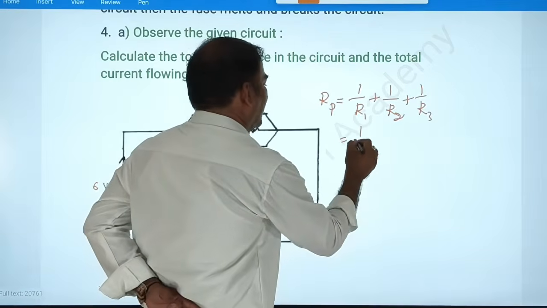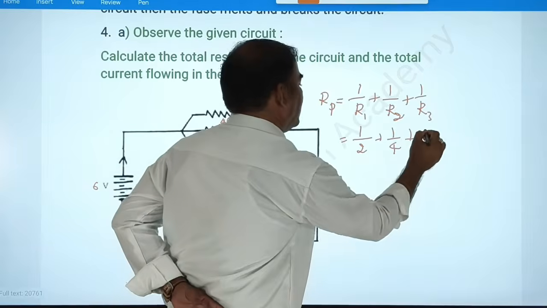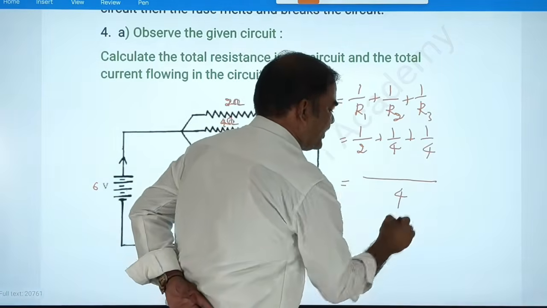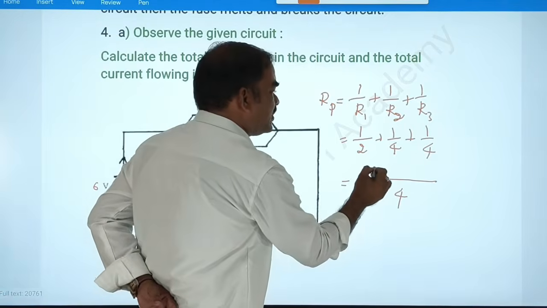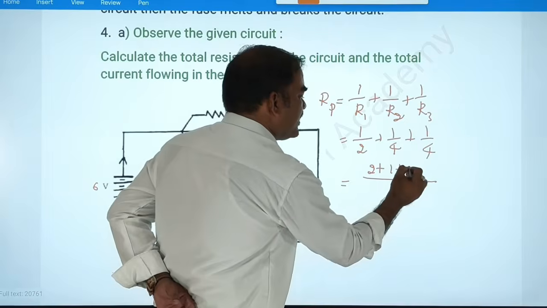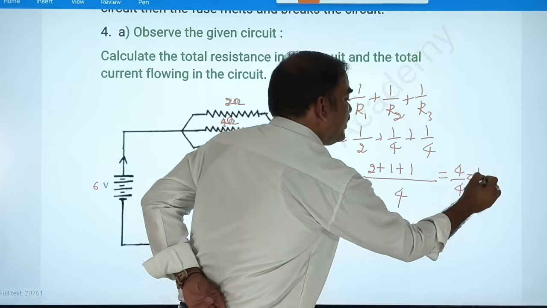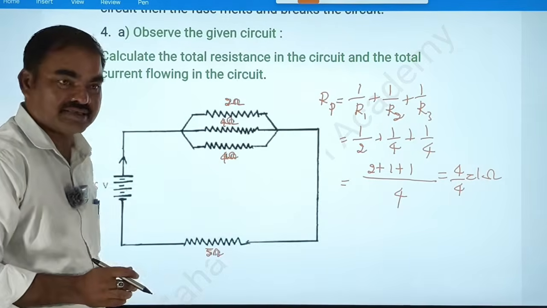So we get 1 by 2 plus 1 by 4 plus 1 by 4. Here the LCM is 4. So it is multiplied by 2 here: 2 plus 1 plus 1, it becomes 4 divided by 4, we get 1 ohm.